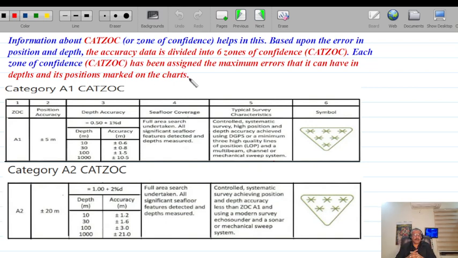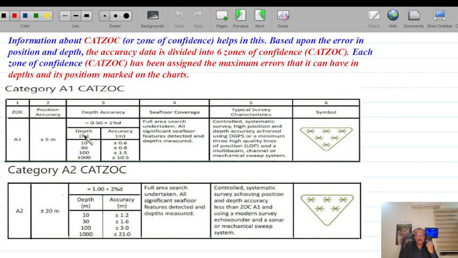So we start with CATZOC A1, that is category A1. In this case, zone of confidence A1, the position accuracy is plus minus 5 meters. Depth accuracy varies from 0.5 to approximately 1% of the depth.